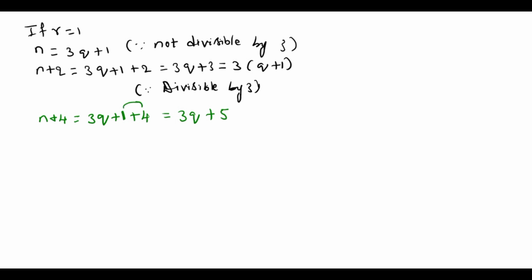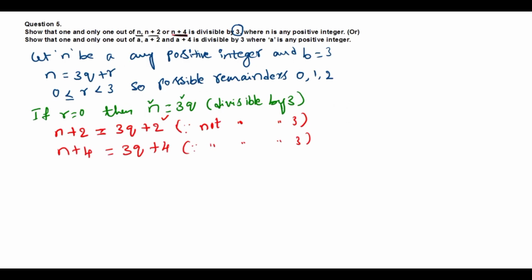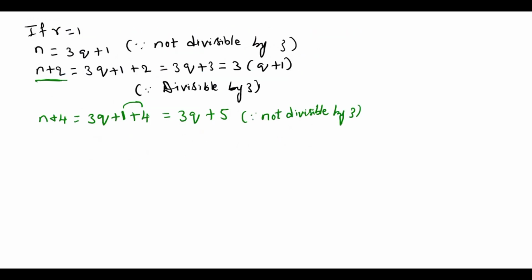So 5 is not divisible by 3. We write that point: not divisible by 3. So in this case, you can observe only n plus 2 is divisible by 3. In the previous case, n is divisible by 3. So in the second case, n plus 2 is divisible by 3.